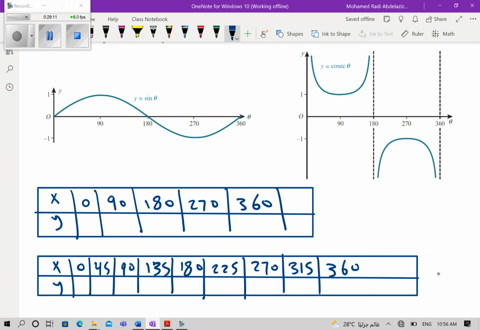Or you can increase the points: 0, 30, 60, 90, 120, 150, 180. When we give the steps, I try to give multiples of 90: 0, 90, 180, 270, 360. Don't ask for, say, 20, 40, 60, 80, 100. I have to pass through 0, 90, 180, 270, 360.